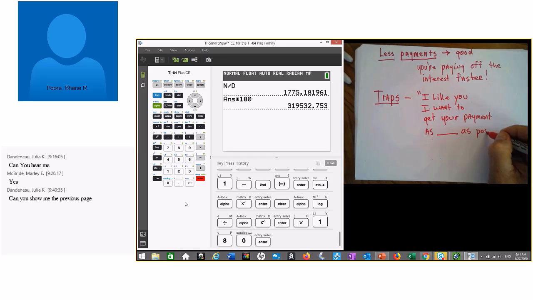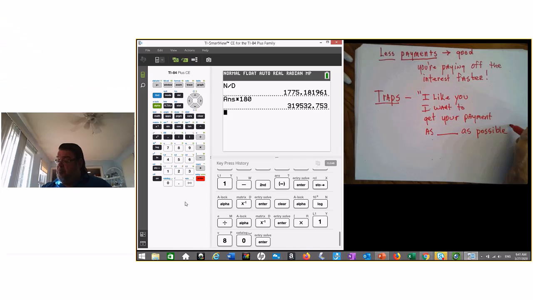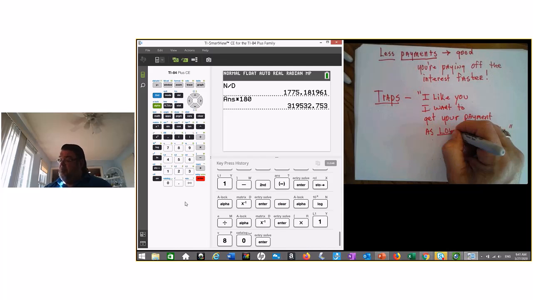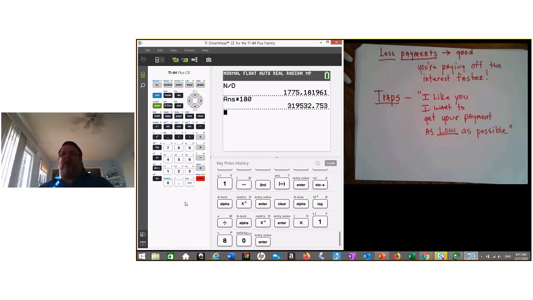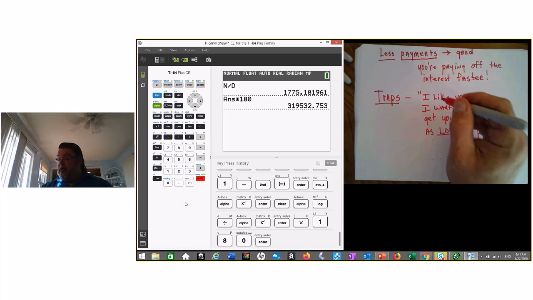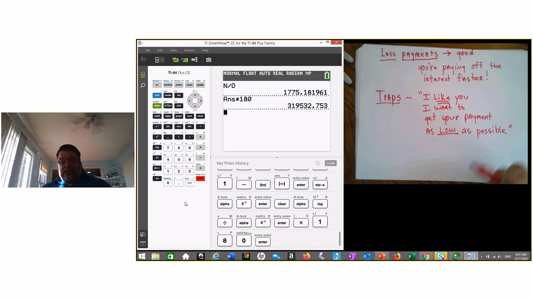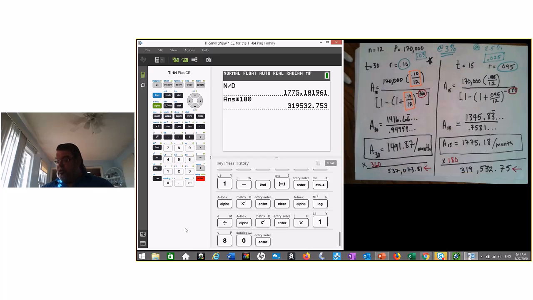Can somebody tell me what that word is? They want to get your payment as low as possible because they like you. They're trying to help you out. But what are they actually doing? The lower the payment, the more years, and then what? The more you pay in interest.